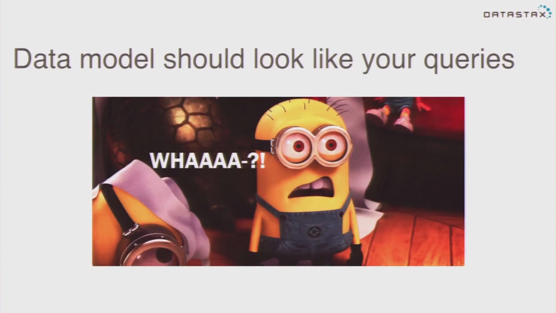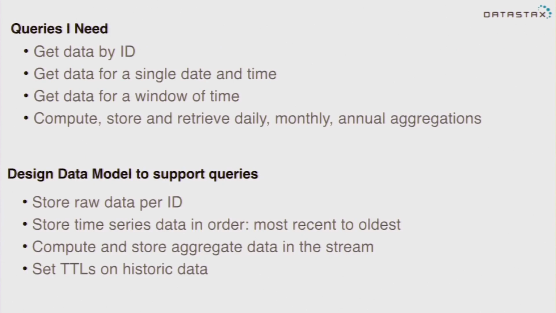So working with Cassandra, one of the things you want to step back and consider compared to relational databases is that your data model should look like your queries. So you really need to think first about what your application needs. What do I want to get from this application? Get data by ID, get data for a single date and time, compute, store and retrieve monthly data with annual aggregations, and then what I want to be storing in that application.